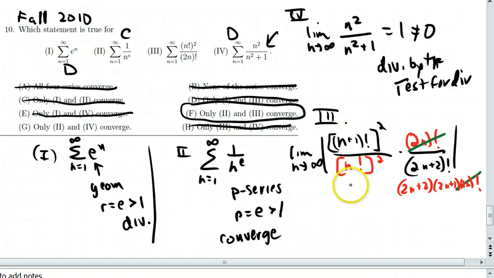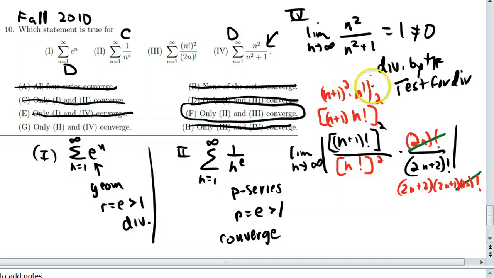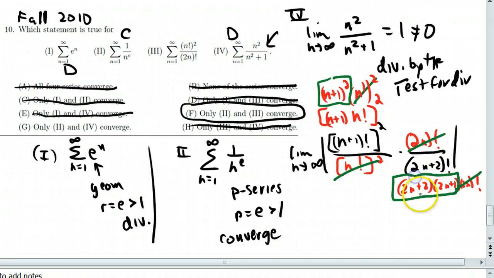This is going to be n factorial over n plus 1 times n factorial quantity squared. And that's like taking n plus 1 and squaring and taking n factorial and squaring. And so we cancel. What's left over is n plus 1 squared in the numerator, 2n plus 2, 2n plus 1 in the denominator.